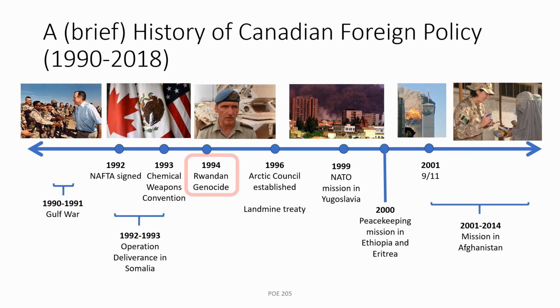And the Rwandan genocide is often seen as kind of that shift and turning point in countries not wanting really to intervene in sovereign states' affairs, but then also recognizing that there is some sort of responsibility to intervene in some cases.